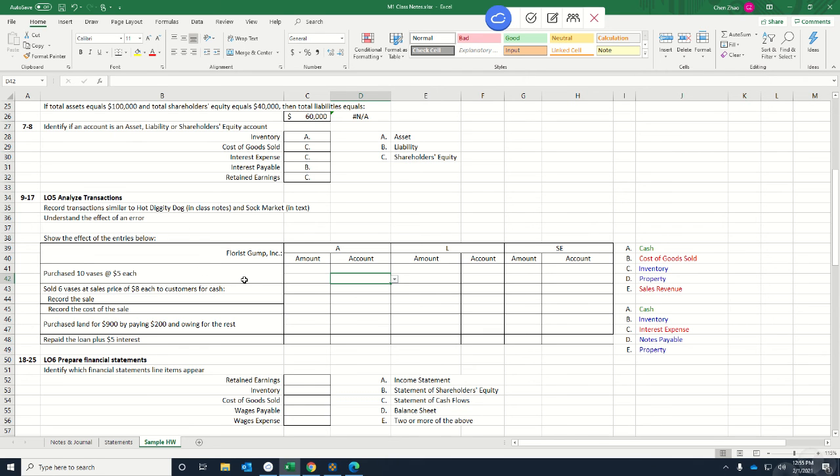So what is happening here? What does the firm purchase, vases or vases? I think it's different between the South and North, but no matter what, I'll just say vases. So what does the firm purchase the vases for?